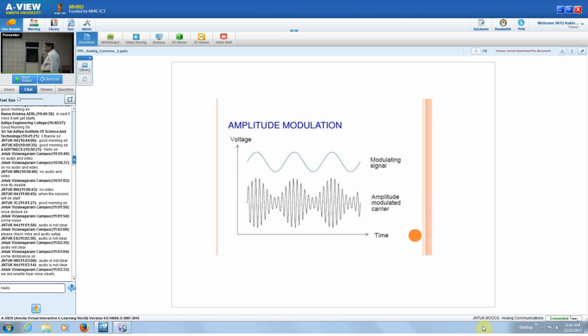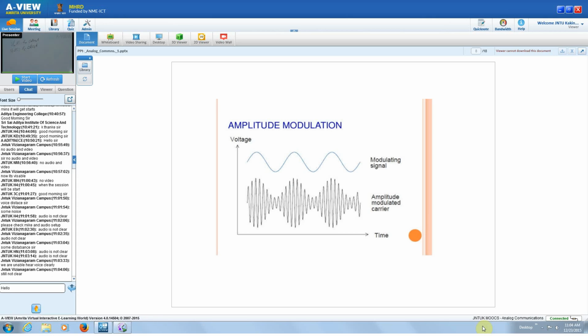And in this frequency translation, what we have done is we have multiplied the baseband signal VM of t with VC of t. We have VM of t, which is VM cos omega m t, and we have multiplied this with VC of t, which is AC cos omega c t, where omega m is 2 pi fm and omega c is 2 pi fc.